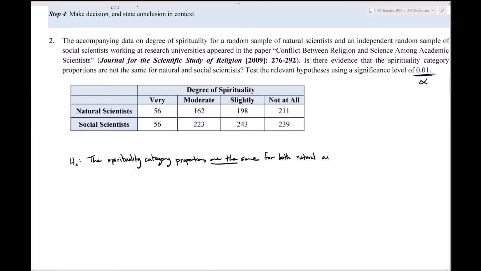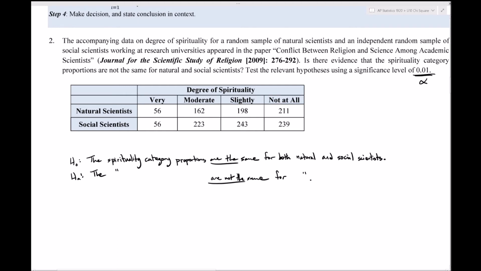So natural and social scientists. There's my null hypothesis. Alternative: the spirituality category proportions "are not the same for" natural and social scientists. And those are my hypotheses.